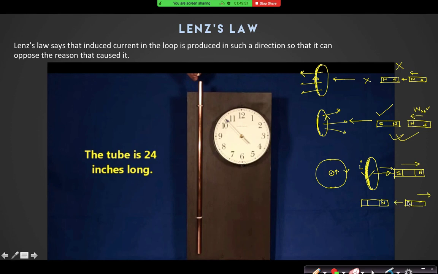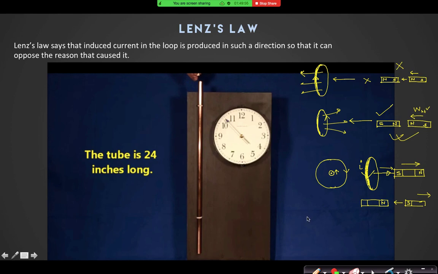The north pole moving away will make the loop create a pole that attracts it. It will attract that south pole. Clear this one? Yes, sir.